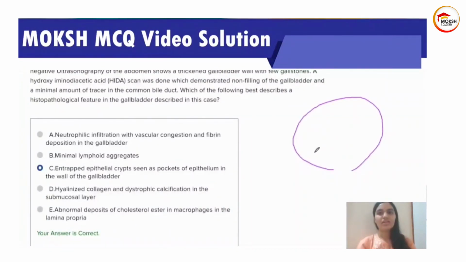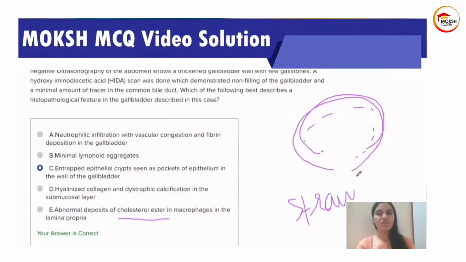The entire inner lining of the gallbladder will appear strawberry red, and there will be deposition of cholesterol. The yellow cholesterol particles will appear like the seeds of a strawberry. So this is a condition called strawberry gallbladder, and it is seen in cholesterosis. Sometimes it may occur. It is a rare condition, right?